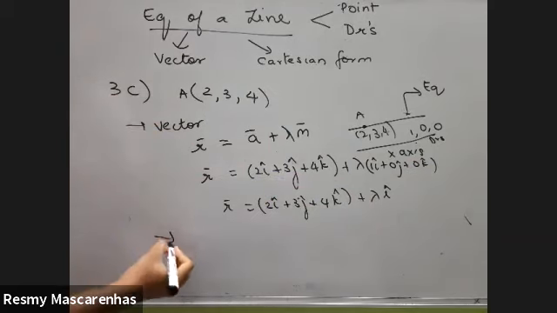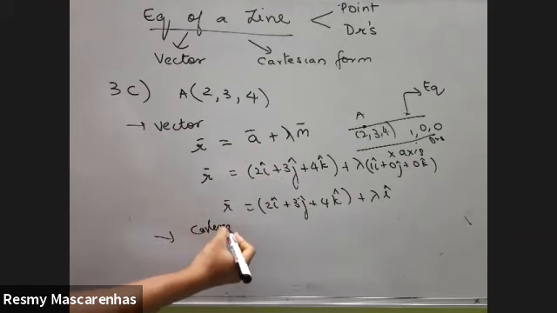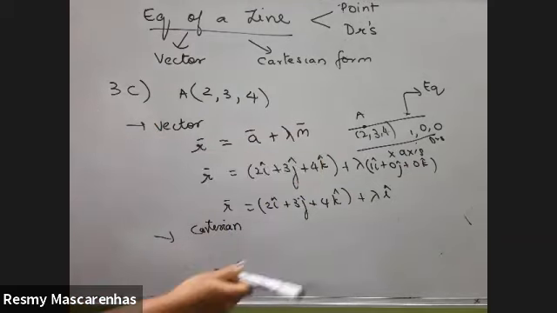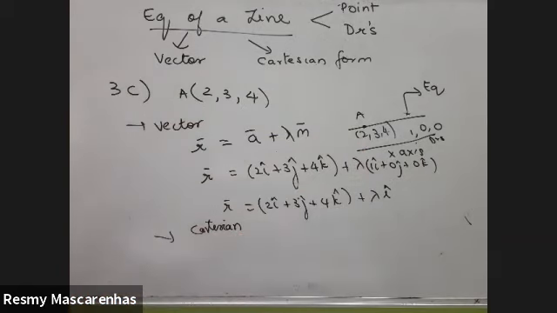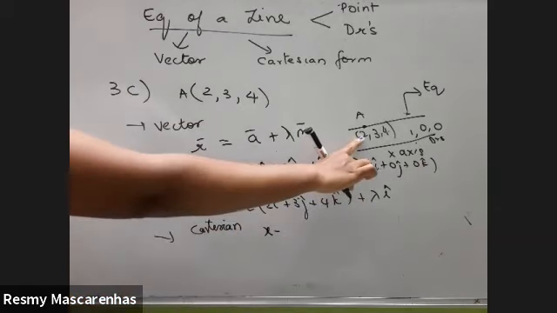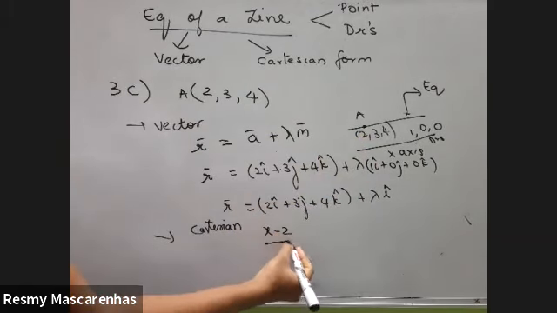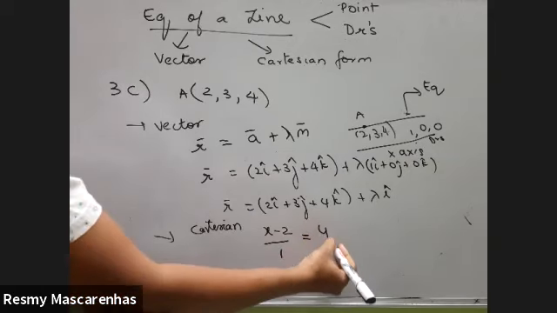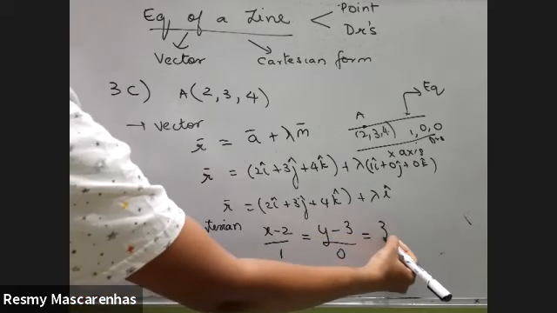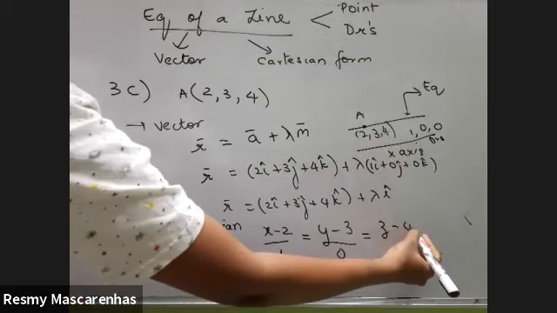Now we'll find the Cartesian form. As I told you, the point you always write in the numerator, and the direction ratios you always write in the denominator. So (x minus 2) upon 1 is equal to (y minus 3) upon 0, then (z minus 4) upon 0.